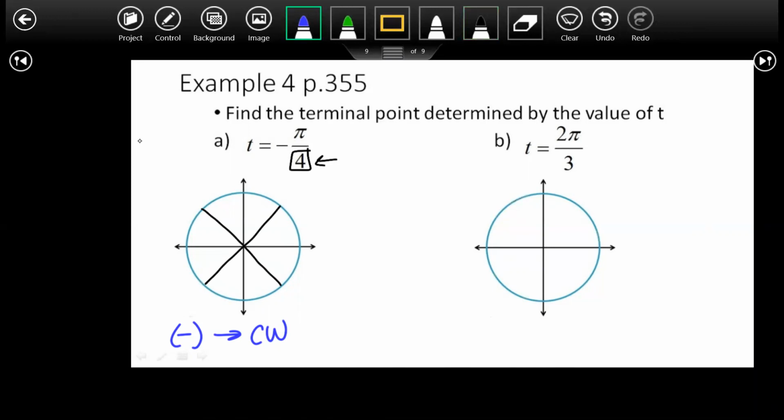The top number, if there's no number up here, we can always assume it to be 1. So I know I'm going 1 pi over 4 down in that direction. Just another way to look at it. What is the coordinate point for my pi over 4?